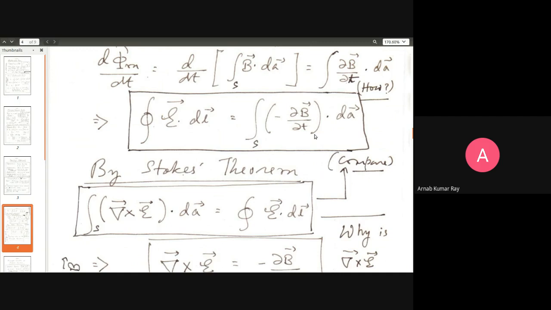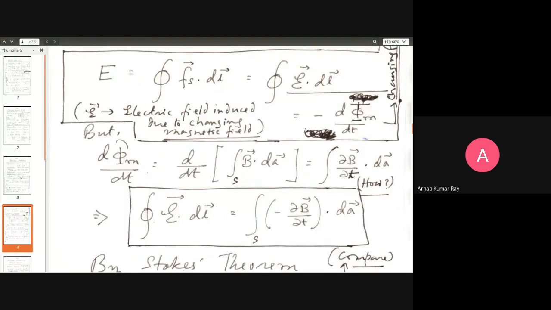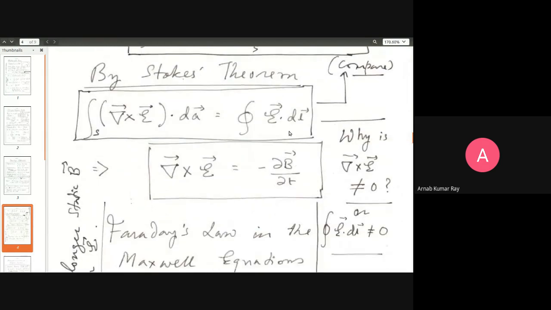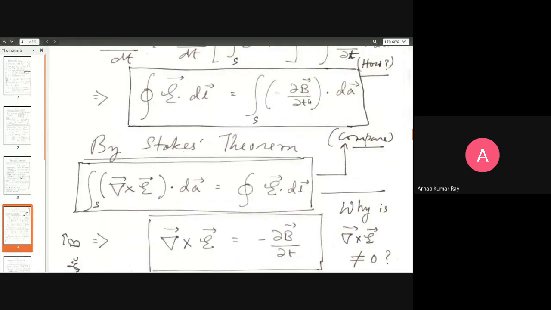Comparing the two, you've got dot dA in both, surface integral on both sides. So curl of E is equal to minus del del t of B.